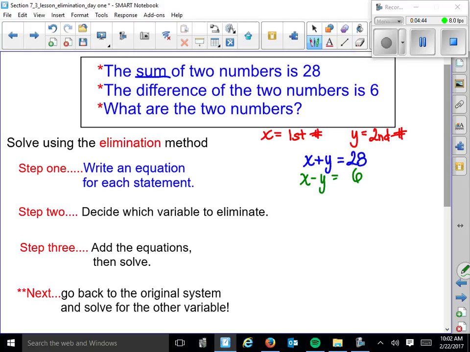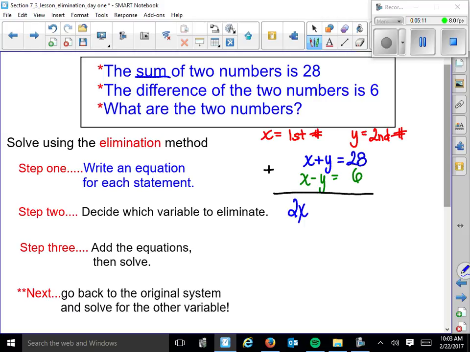Step 2, sometimes it requires a lot of work, sometimes it requires no work. And since this is the very first problem that we're starting with, of course I'm going to start with one that requires no work. Because if we add the two equations as is, x plus x is 2x.